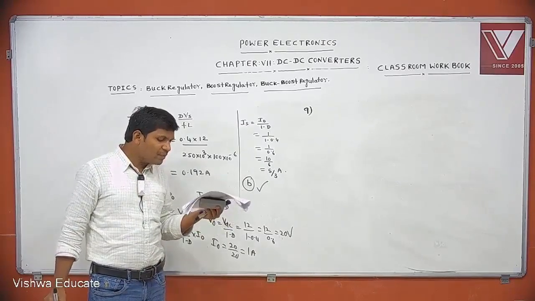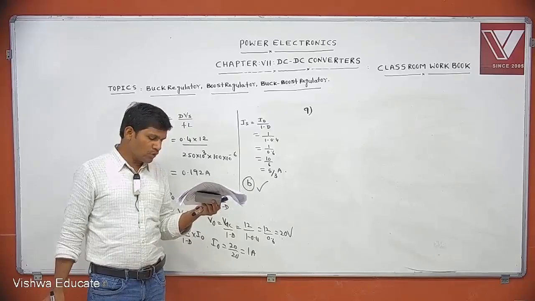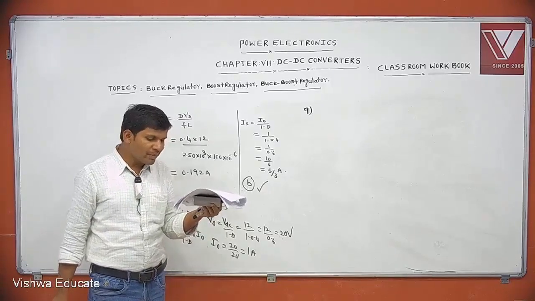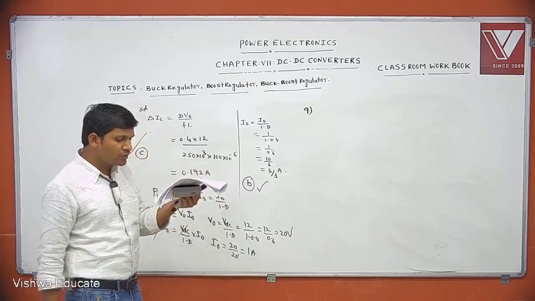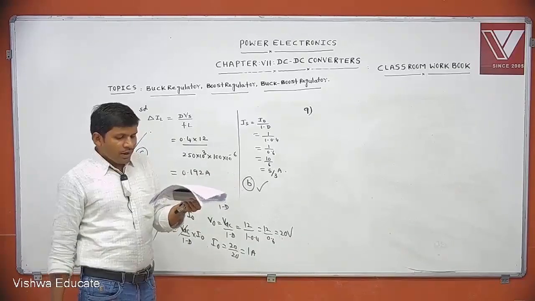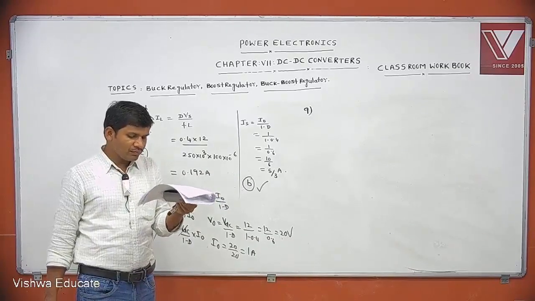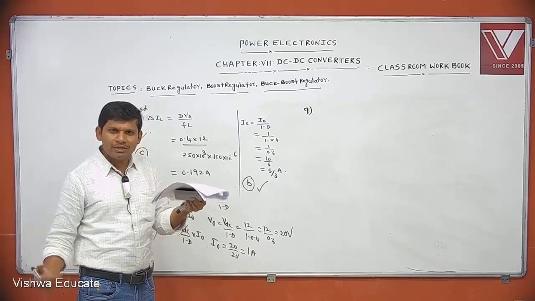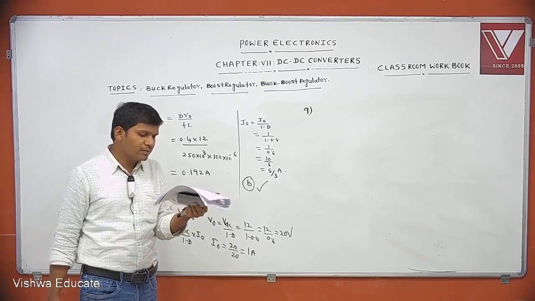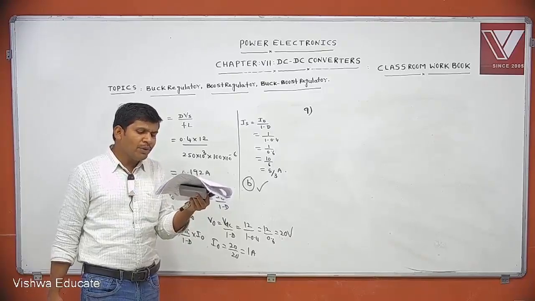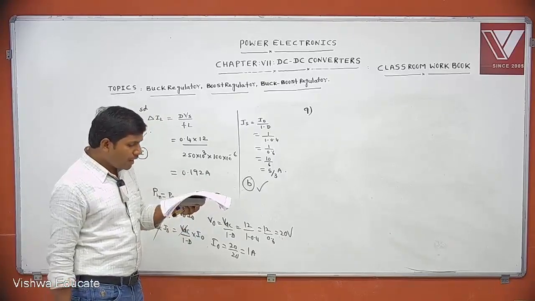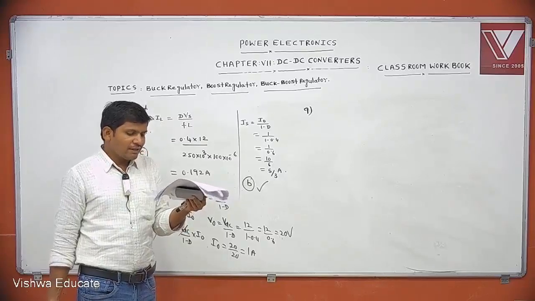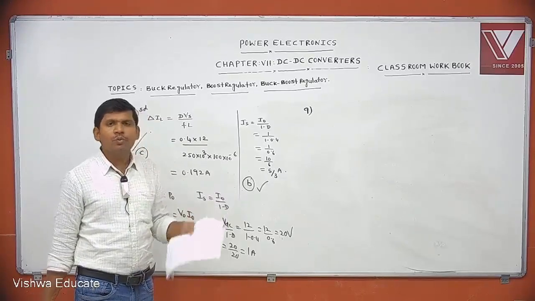A chopper is supplying 660 volts from 220 volts DC source. If the non-conduction time of thyristor chopper, here thyristor is used as a switch, is 100 microseconds, then the on time of the chopper will be dash.